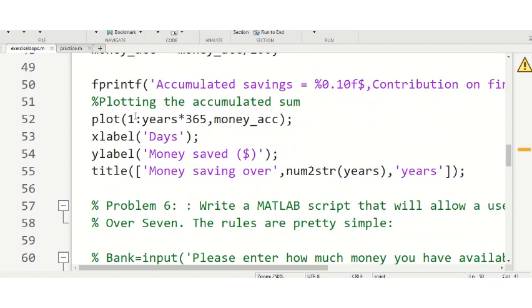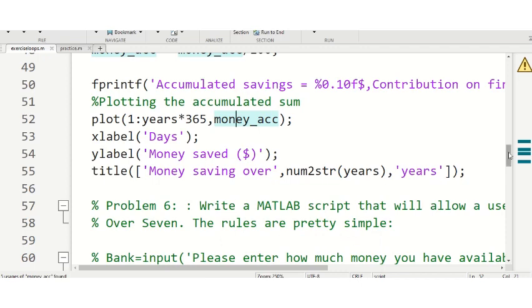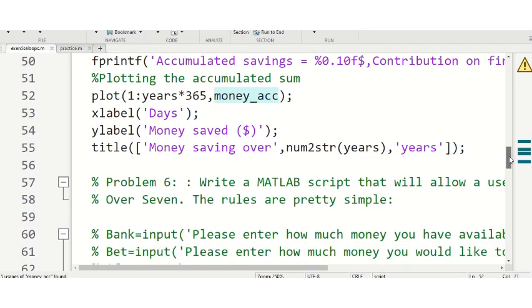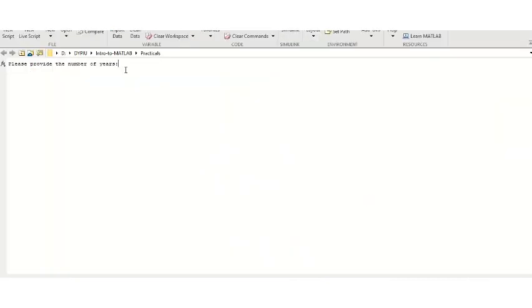Plot the i value with the money accumulated. So this plotting is also done. We are adding the labels: days, money saved, money saving over the years. Once again, number of years 10.